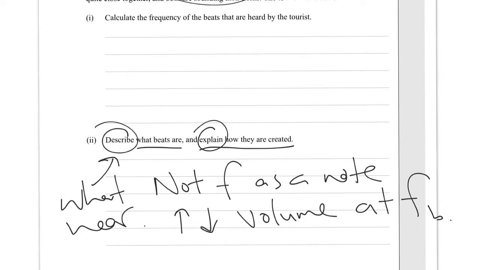I'm not going to get into the technical details, but part of the explanation of how they're created is that they have to be close together in frequency. If the difference is small, you can't actually hear it as a note anyway. If you had a beat frequency of 2 hertz, you're going to hear a louder volume twice a second.